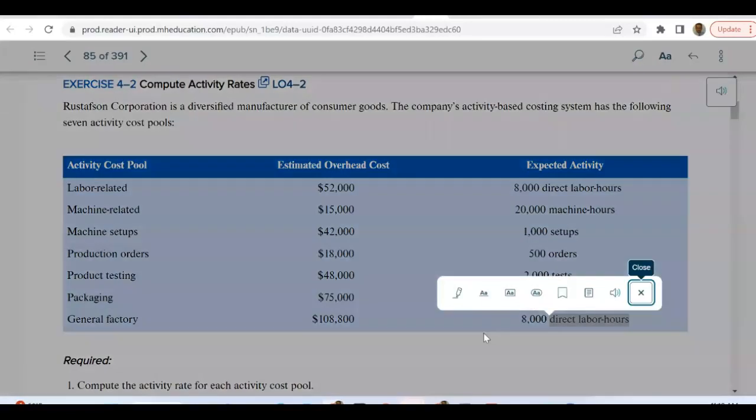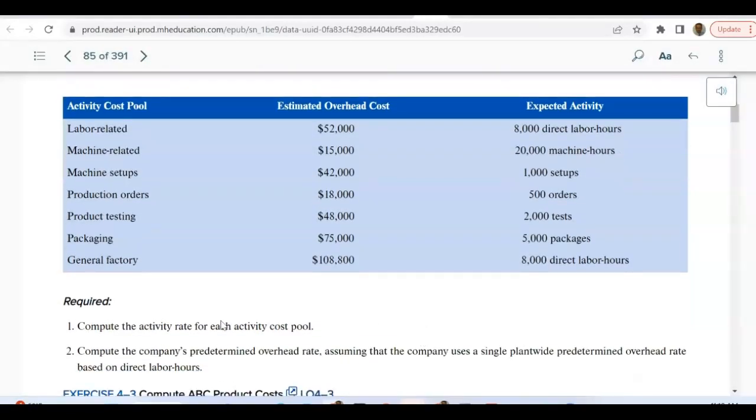Okay, so now we have all this data. It says compute the activity rate for each activity cost pool, which is the next step. And then compute the company's predetermined overhead rate, assuming the company uses a single plant-wide predetermined overhead rate based on direct labor hours. That's what we learned previously in chapters 1, 2, and 3.